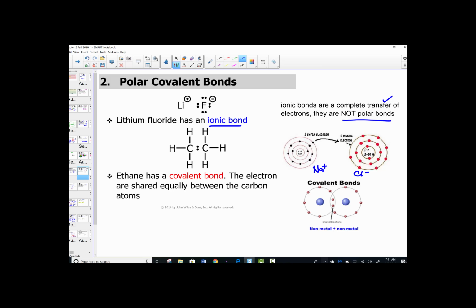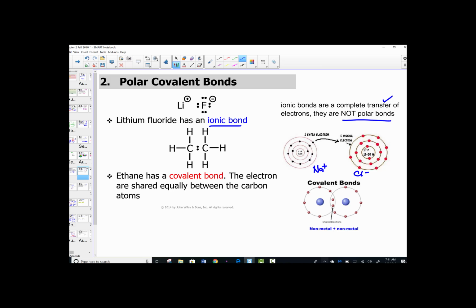When we think about unequal sharing, we need a way of showing who's in charge of the electrons. I'm just going to back up a moment to this particular slide. Remember that if the electronegativity difference is 0 to, let's say, around 0.3, we would call that nonpolar, which means it's an equal sharing of electrons. And if it's greater than 0.3 but less than 2.0, in that range, we're looking at the polarity of a bond.